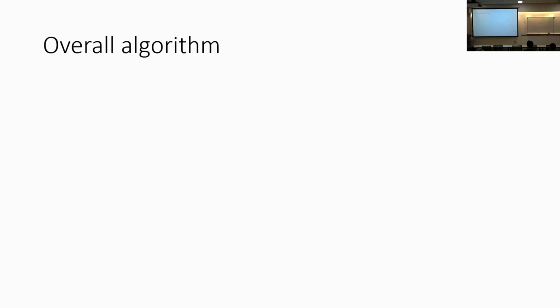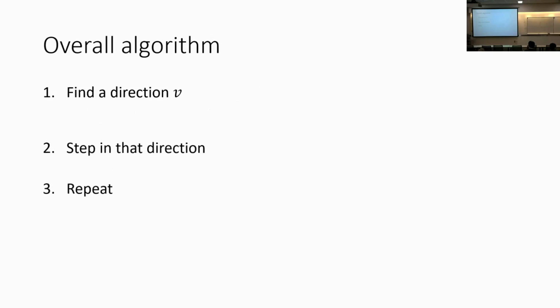The basic idea behind the algorithm is very much like a gradient descent type algorithm, where we essentially find a direction, kind of like this picture that I drew on the board here. We're going to find a direction that we think will point towards the mean. We're going to step in that direction and then repeat. To go back to this picture, maybe we move to this dot, and then we see from here, okay, maybe going in here is also a good thing, and eventually we'd get to the middle of it.